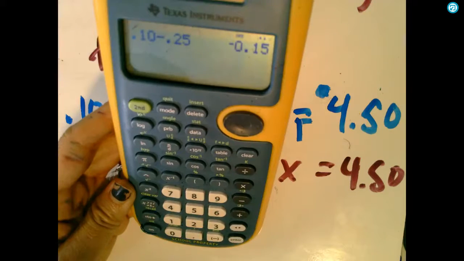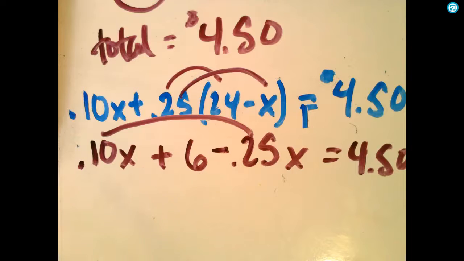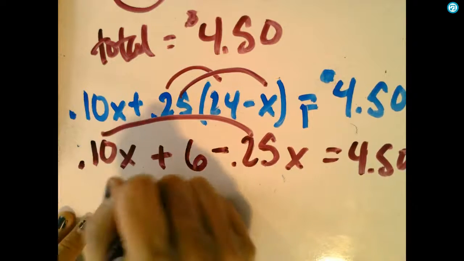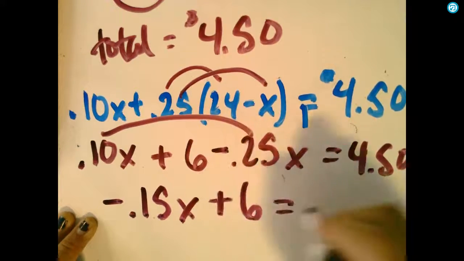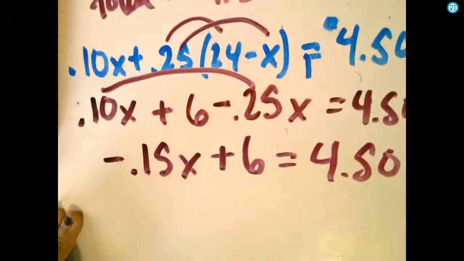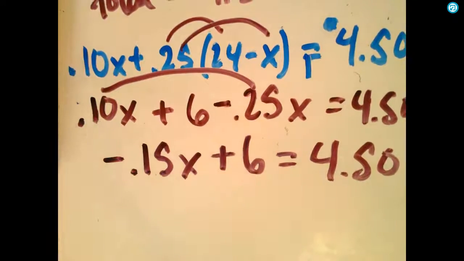We get negative 0.15. So negative 0.15x plus the 6 equals 450. And I just combined these two and brought down the 6.